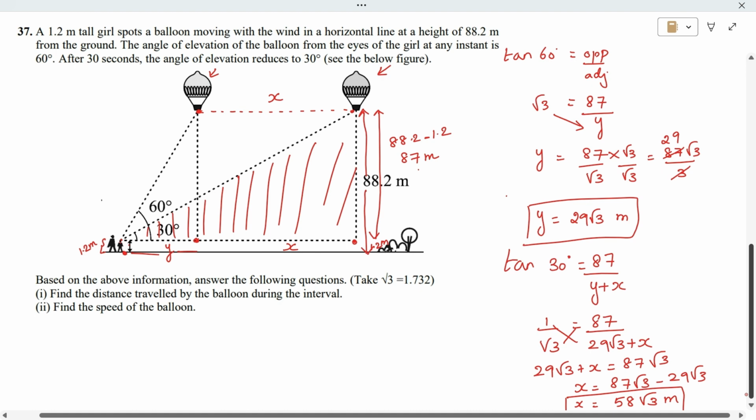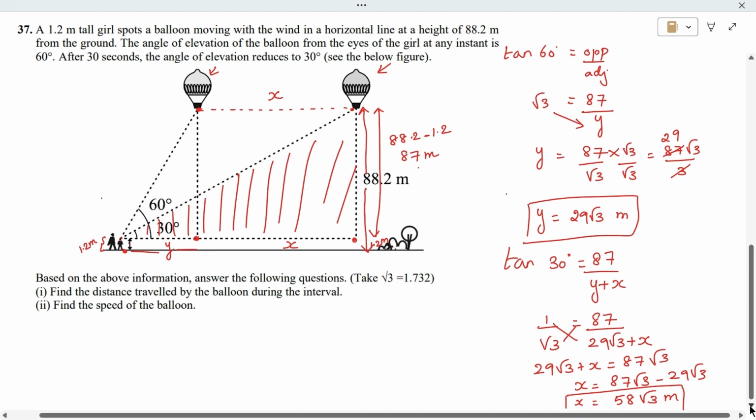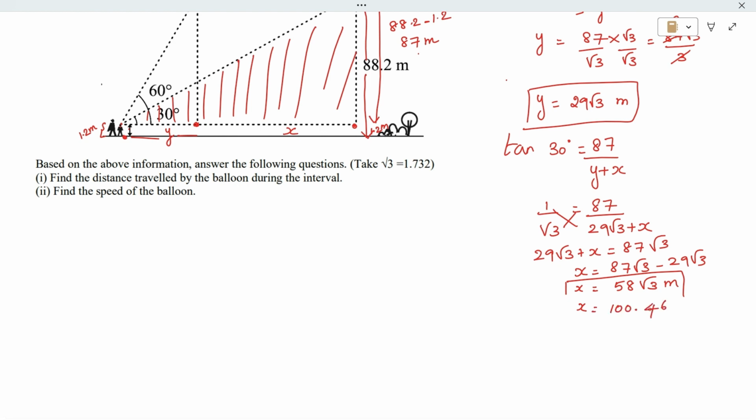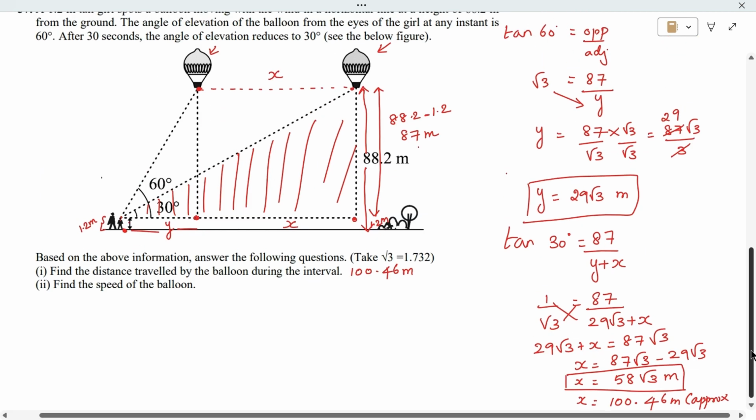Suppose if I substitute the value root 3 as 1.732, then x is approximately 100.46 meter. So this is the answer for the first question. The distance traveled is 100.46 meter and the working has been shown here.